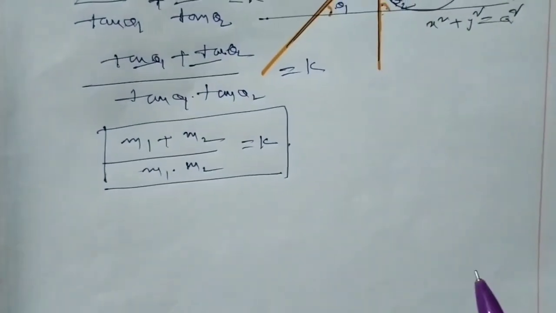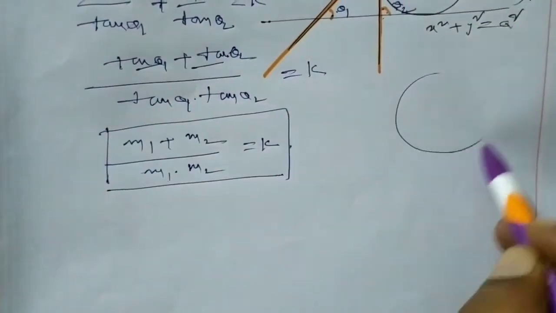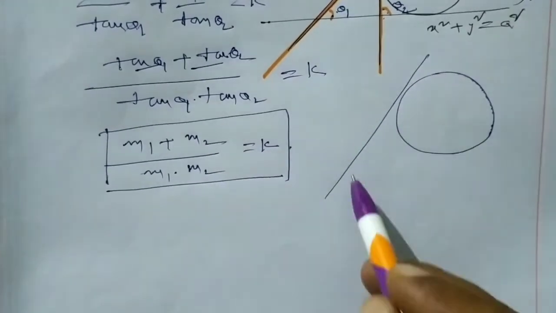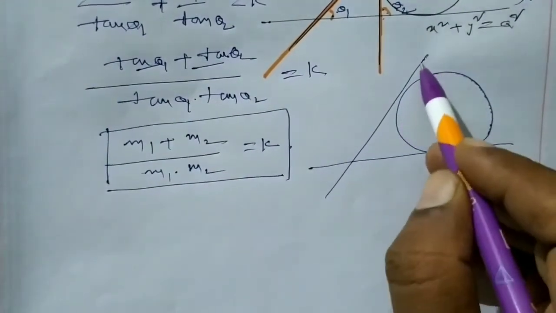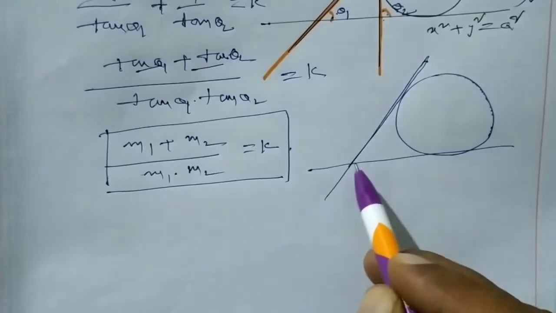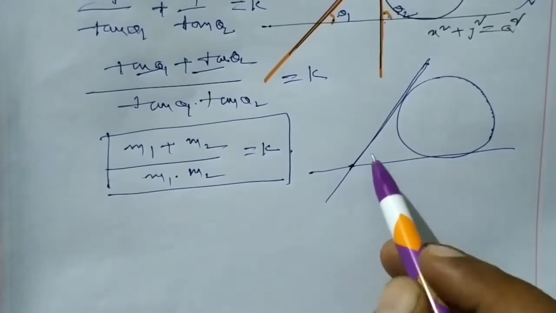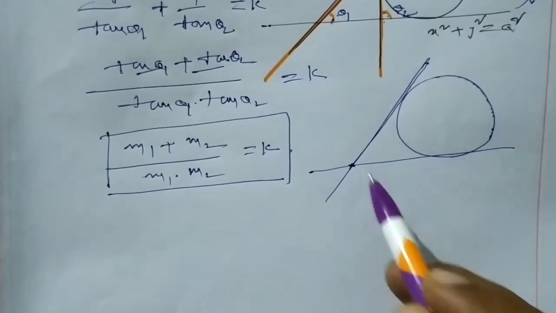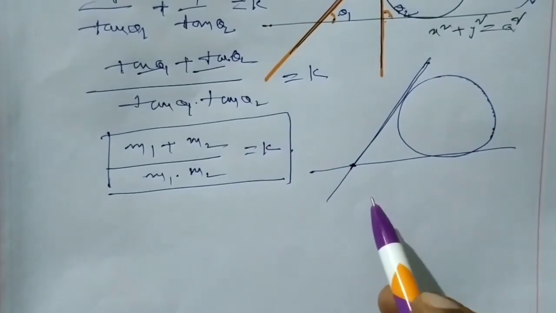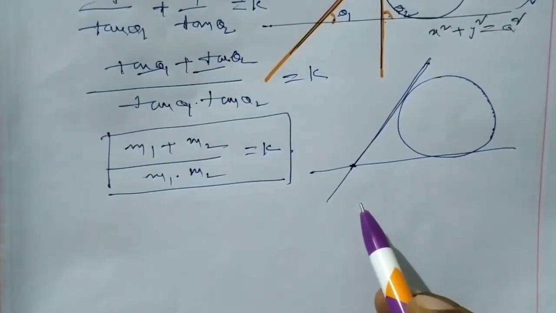Already we know that whenever a circle and a pair of tangents are given, the relation between the slopes of these two tangents can be obtained from a quadratic equation.